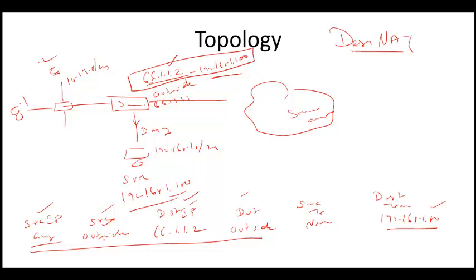So what will be the inside subnet, the source? Let's say anyone from inside. Source zone is inside. Anyone from inside wants to access the same server in DMZ.